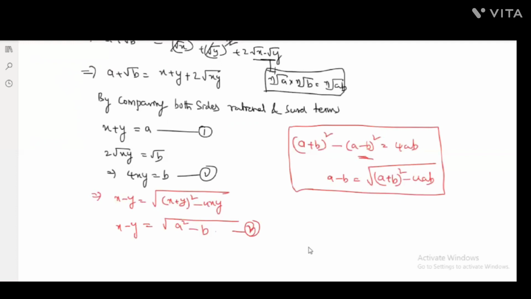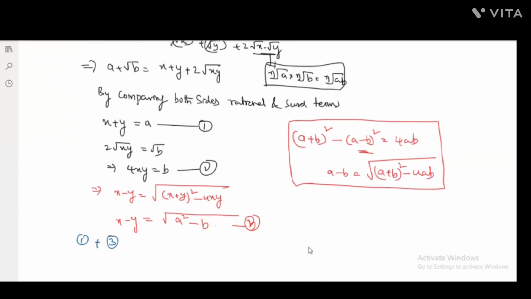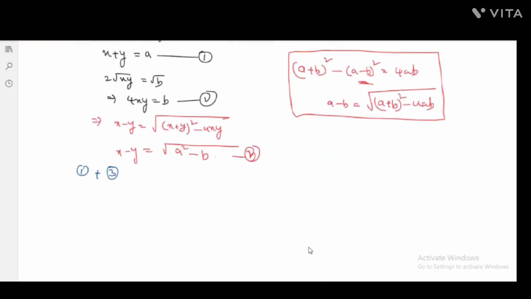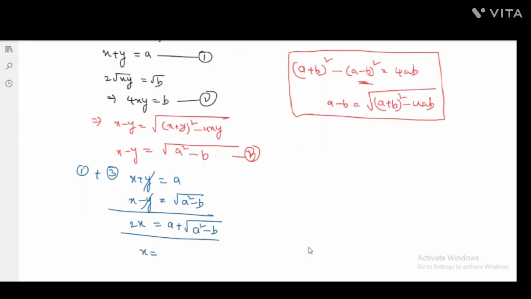Now I'll add equations 1 and 3. So x plus y is equal to a, and x minus y is equal to root a square minus b. We add these two: plus y and minus y cancel, so 2x is equal to a plus root over a square minus b. So x is a plus root a square minus b by 2.